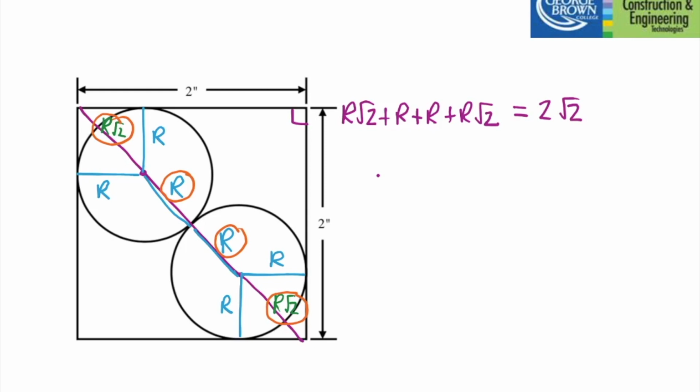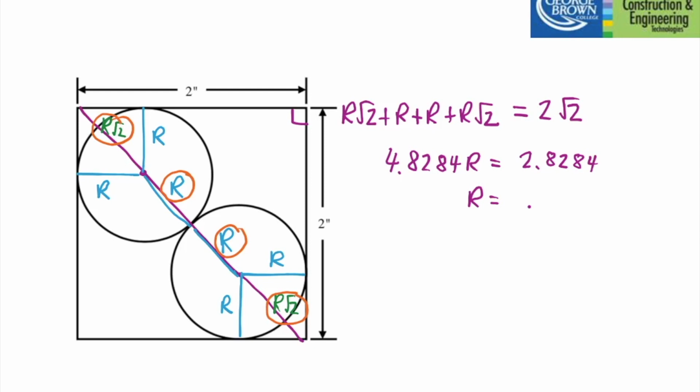So this becomes 4.8284, and 2 root 2 is 2.8284. I'm not shocked about that because the calculations are very close to each other. Lots of patterns here. If we divide both sides by 4.8284, we should get the radius.